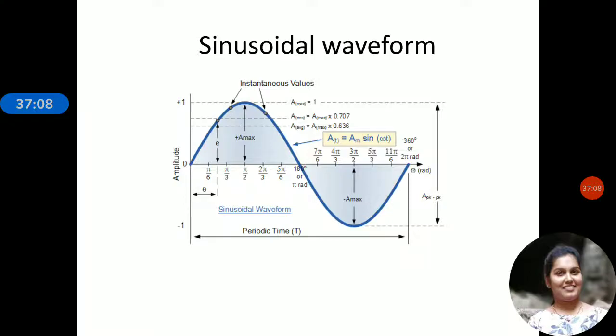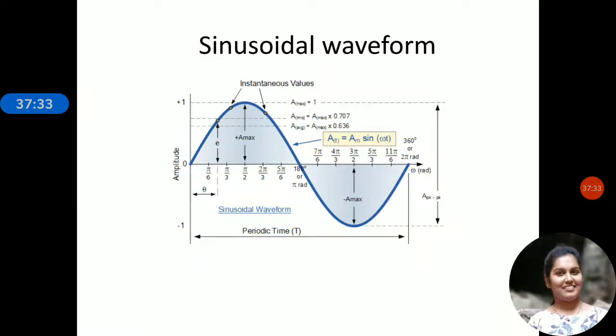It reaches 0 at 180 degrees or pi radians, and from 180 degrees to 2 pi radians or 360 degrees, it again moves to the maximum value and again reaches 0, but in the negative direction, as the electron movement in the current carrying conductor will be in the anti-clockwise direction.